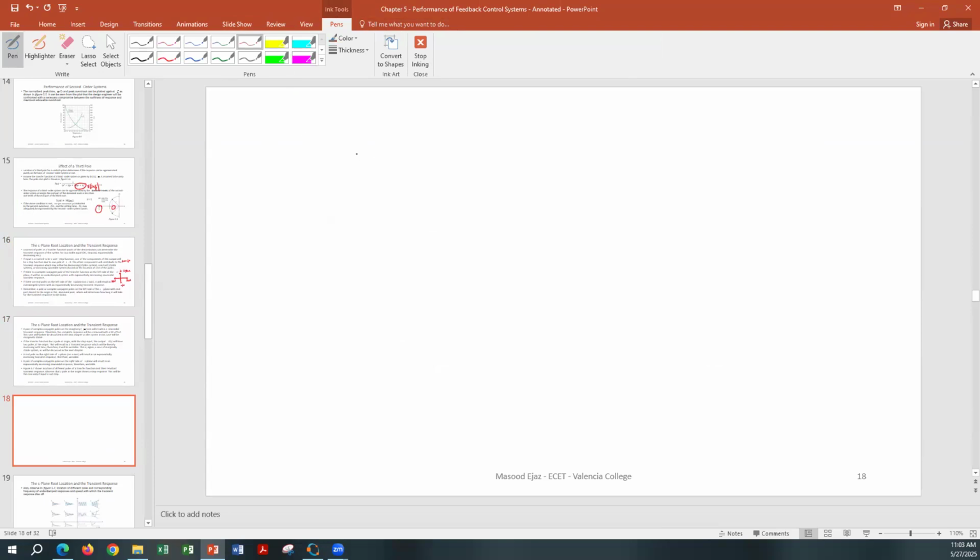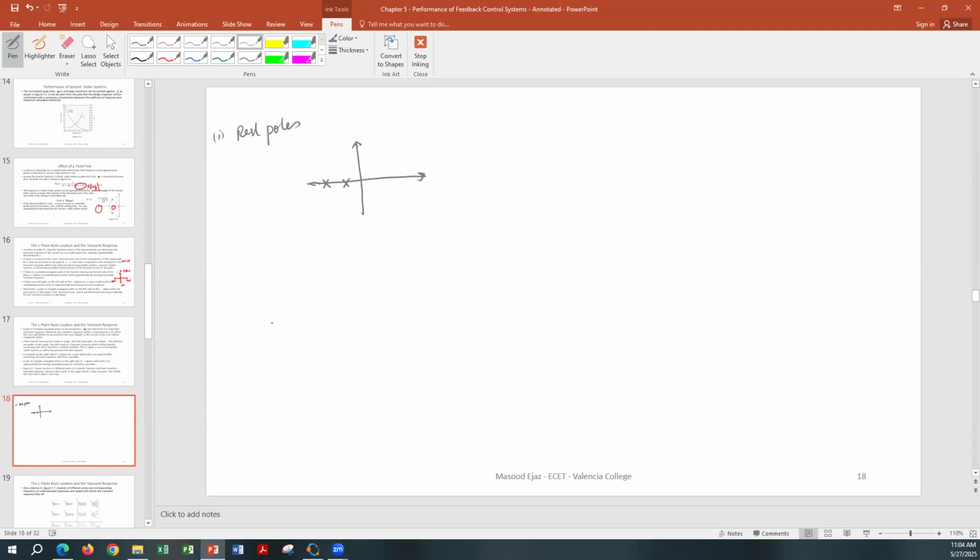So the first thing is, this is your S-plane. If you have only real poles, real poles are going to produce what type of response?